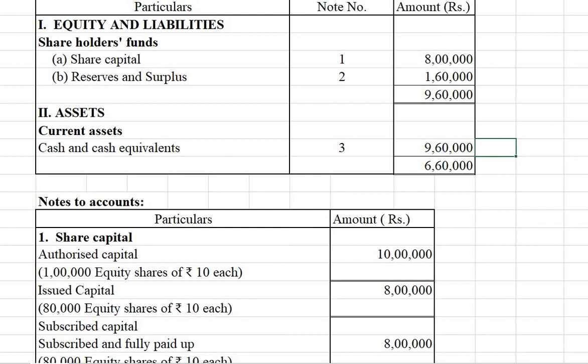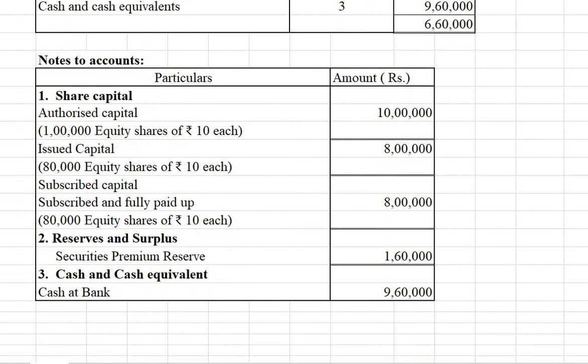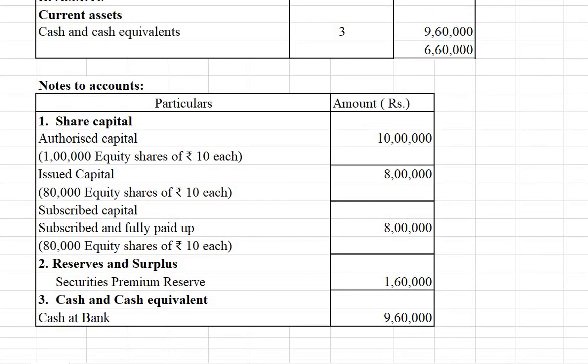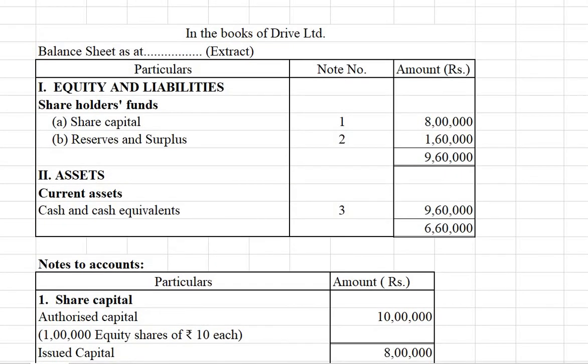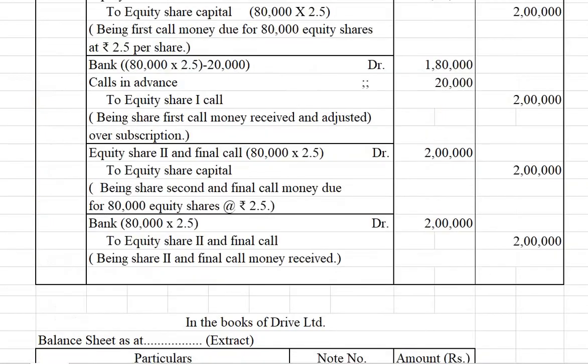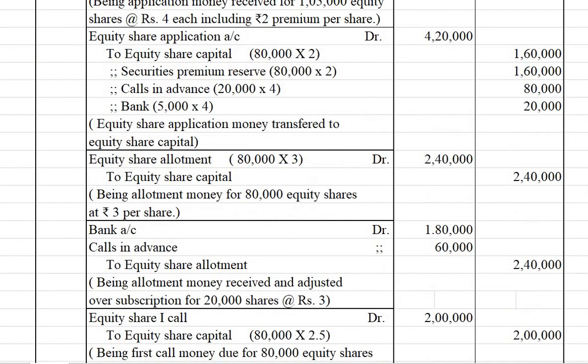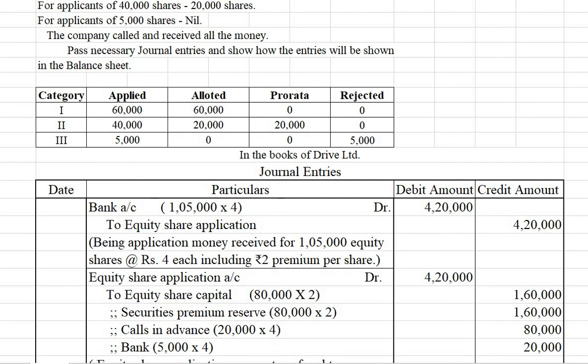So this is how we prepare the journal entries and balance sheets at the time when shares are issued at a premium and the public subscribes more than what the company intended to issue. That means over subscription of shares. Okay. So these are the things we studied here.